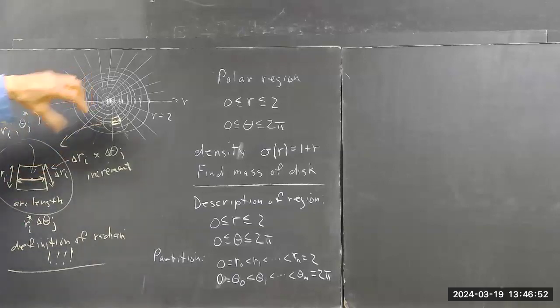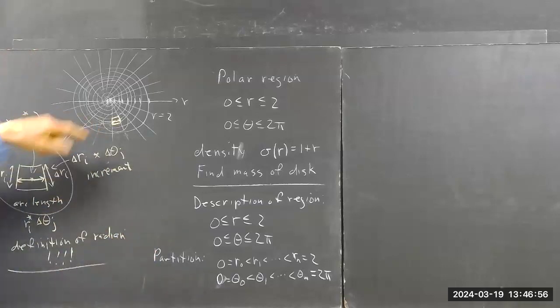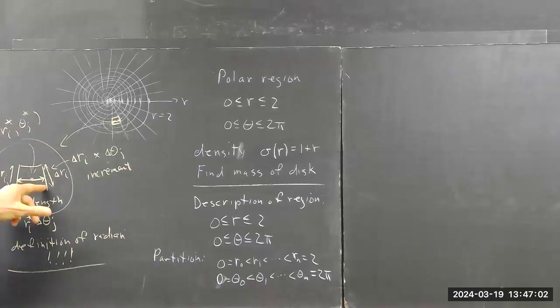And since, as we let everything approach 0, this is going to approach a straight line because your angle is going to shrink down to 0, that's the dimension you use for the width.